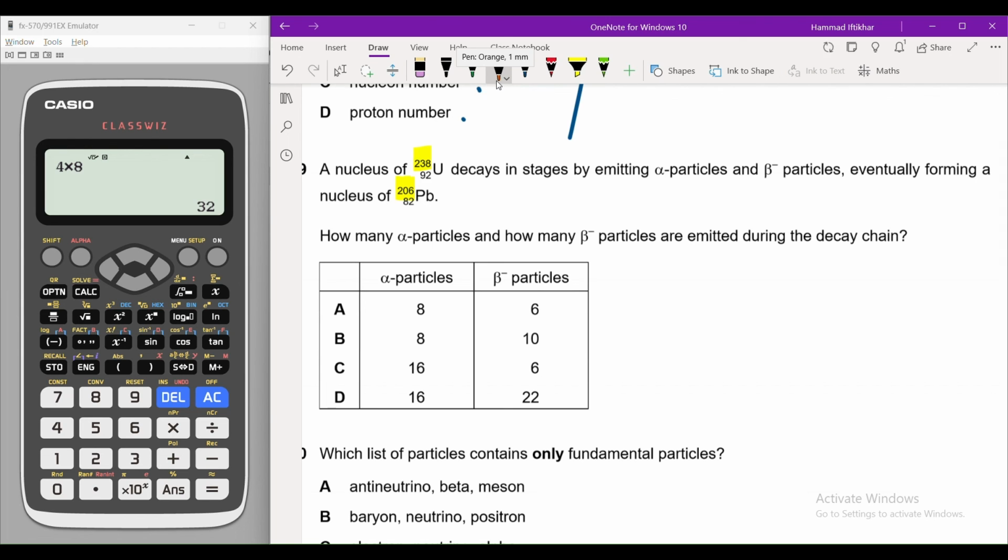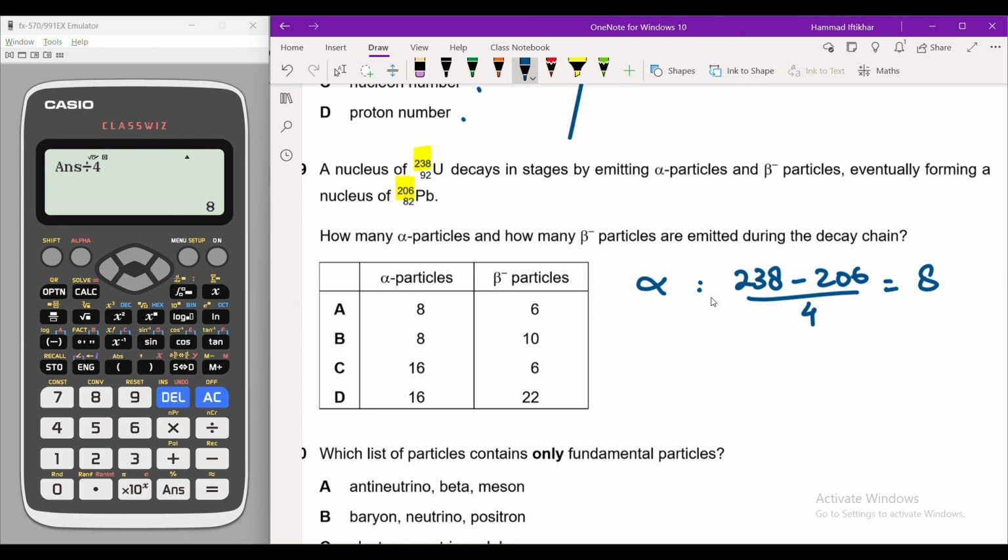So alpha particles will be equal to 238 minus 206 divided by 4, because nucleon number reduces by 4 each time, that is 8.